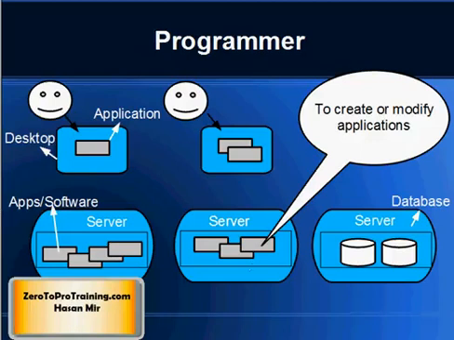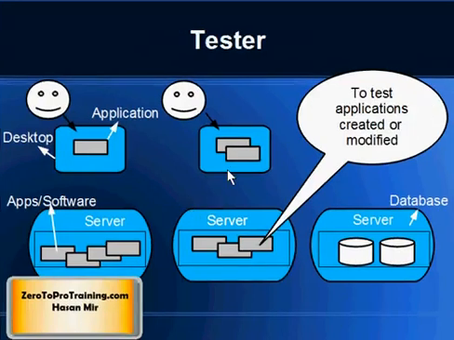So things are changing very fast, and you will see some new roles that I have discussed in another video, like cloud architecture and so on. Then we have tester. A tester is a person who is expert in testing the software that is created by the programmers or developers. Before it is handed over to the end users, the software would be tested in multiple iterations to make sure it is emitting the right quality.